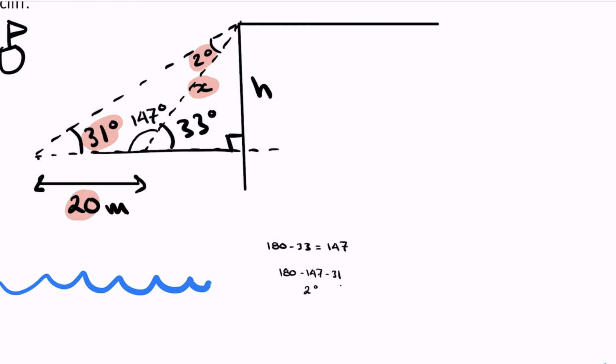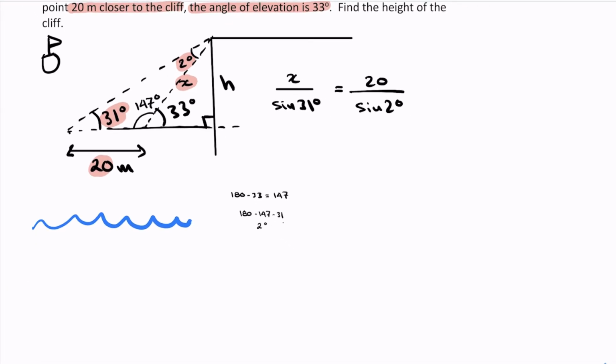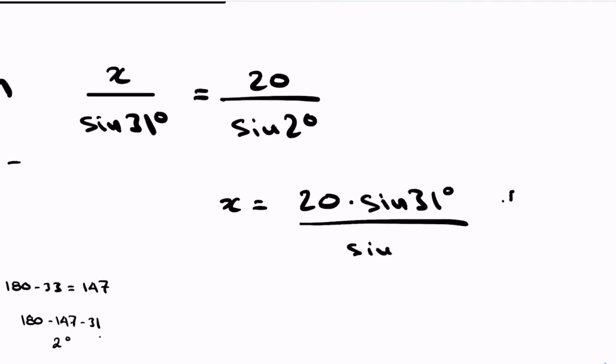So I can set this up as x over sine 31 degrees equals 20 over sine of 2 degrees. That ends up being pretty nice, because I can just solve it. So I get x equals 20 times sine 31 all over sine 2 degrees.